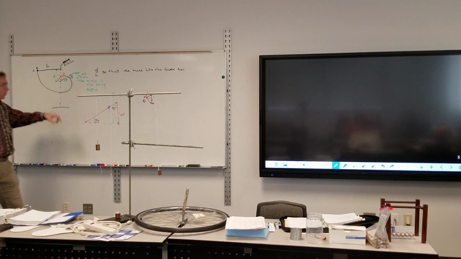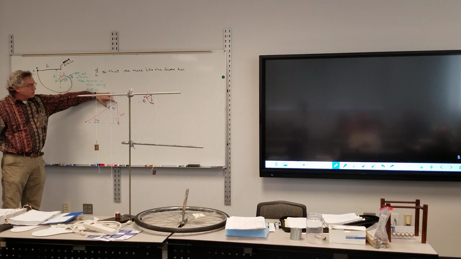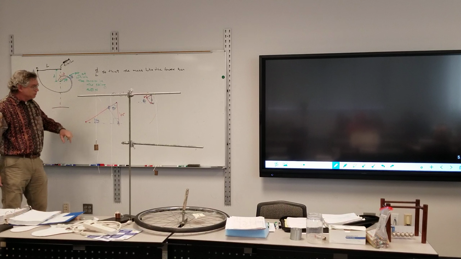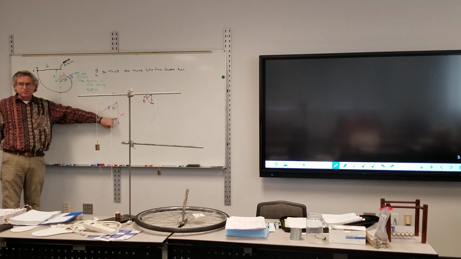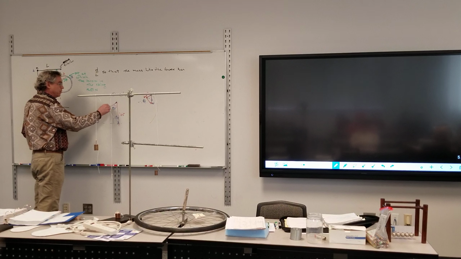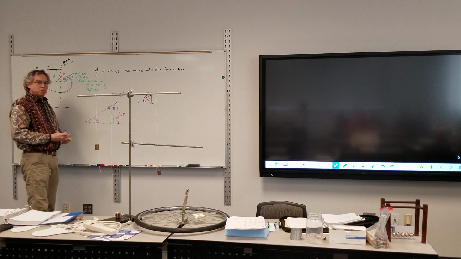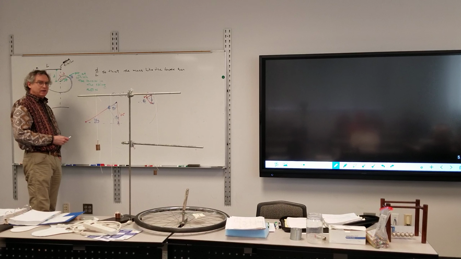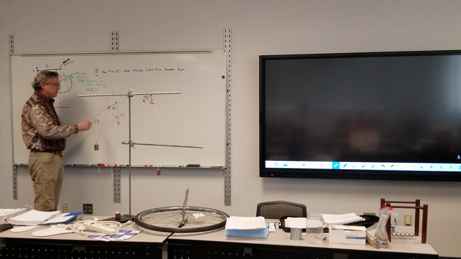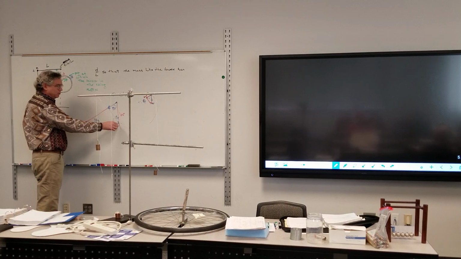All right, so what would this length be? Or if it helps, what is this angle down here? Theta. Yeah, that would be theta. So this component would be cosine.